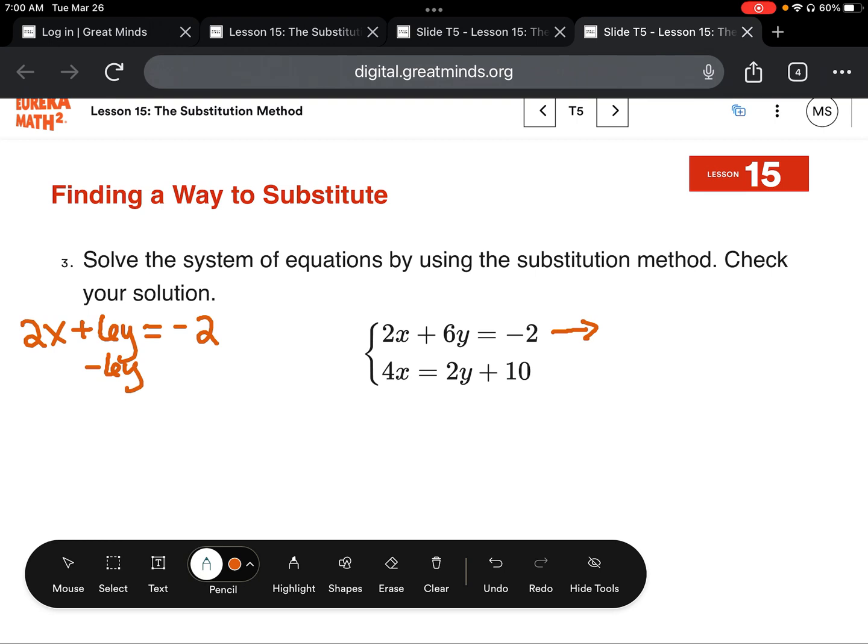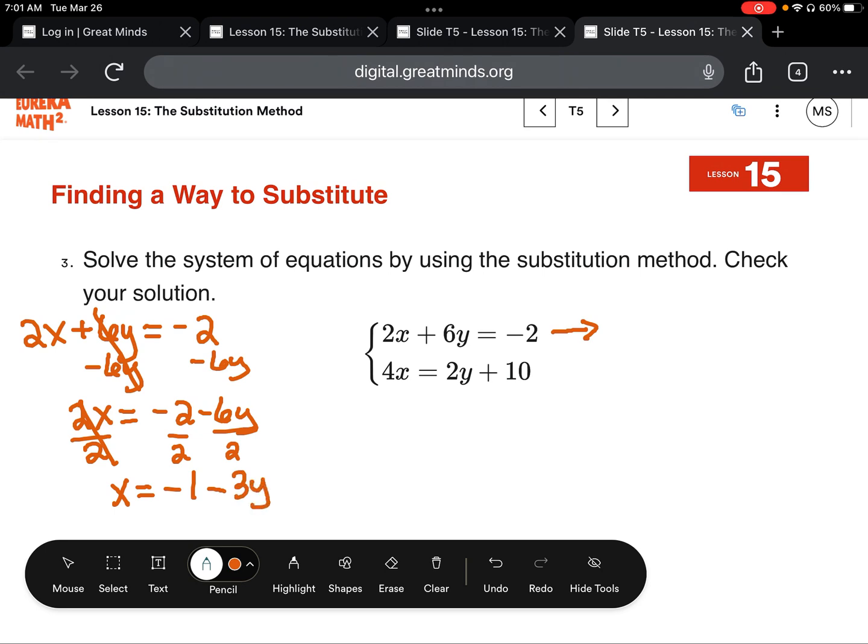And subtract 6y. That leaves me with 2x equals -2 minus 6y. Divide by 2. Everything on this side gets divided by 2. So x equals -1 minus 3y. So now this is what I'm going to be plugging into the other equation.